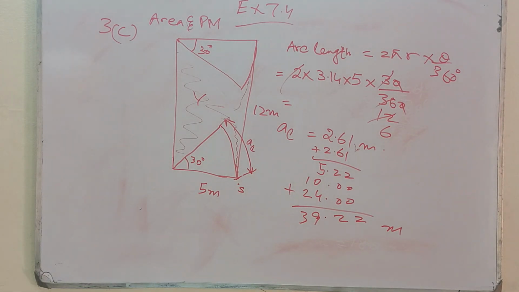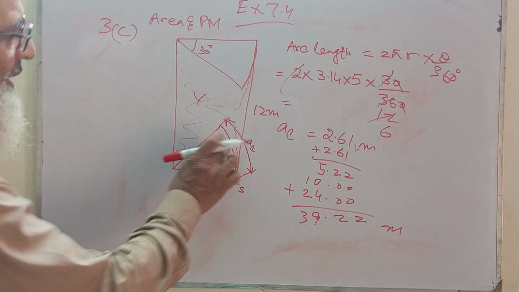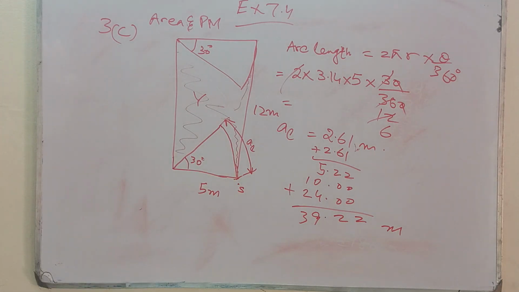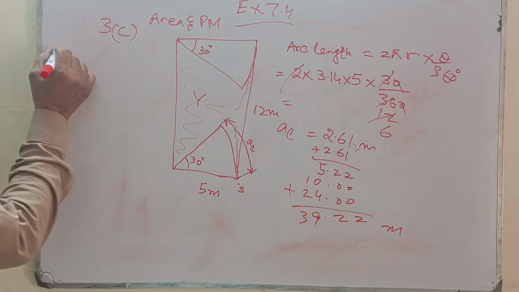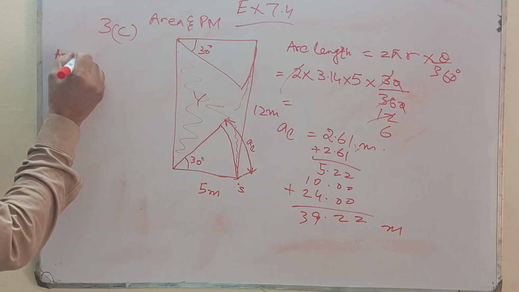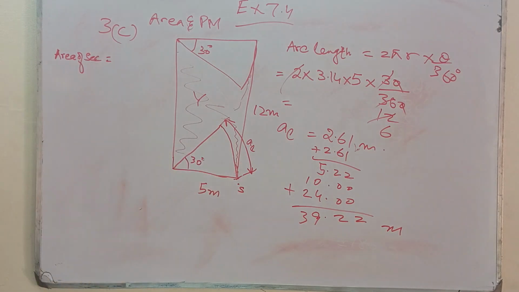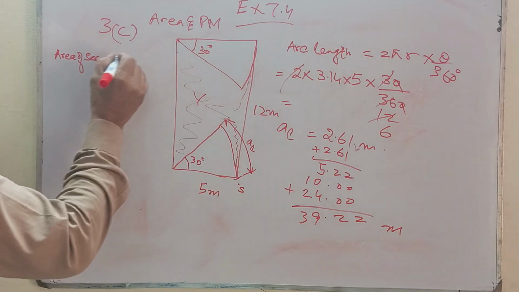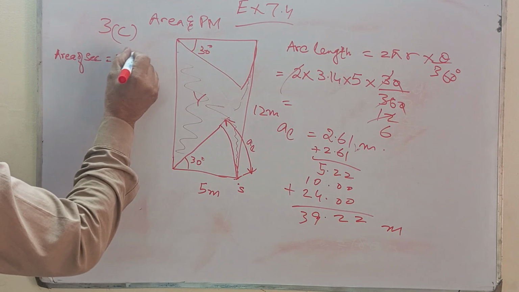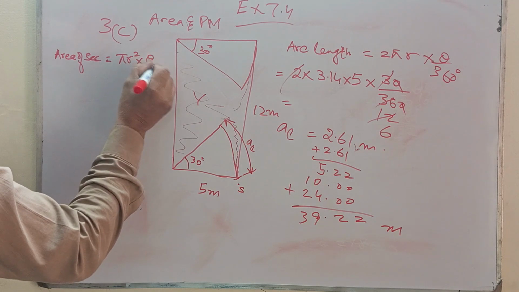Now we have to find the area as well. What will we do? We will find the area of one sector. It is much simpler than this procedure. The area of one sector is pi r square multiplied by theta upon 360.